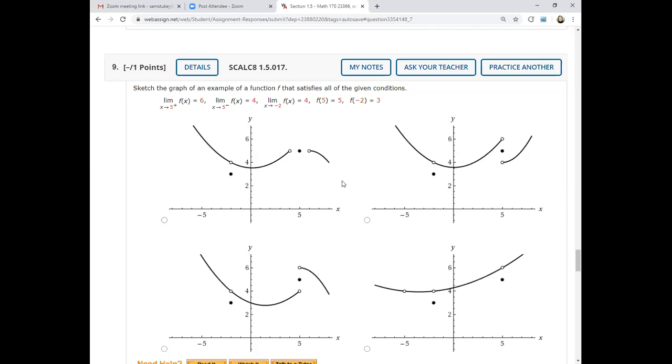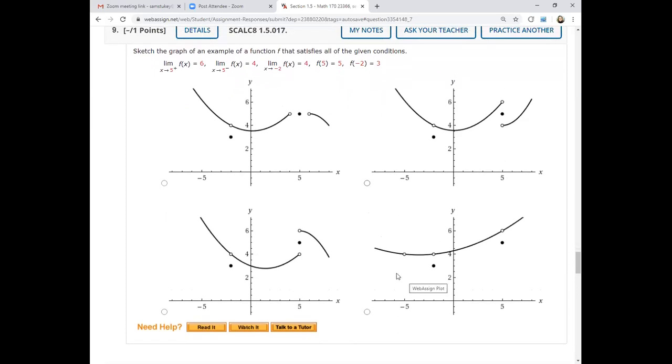It's not high enough to do that. So the first one is out. If you're approaching 5 from the right in the top right graph, same thing. It's too small. It's like 4. So the top graphs are out.